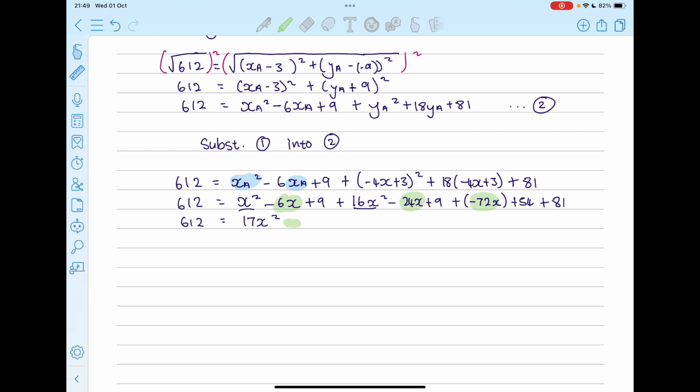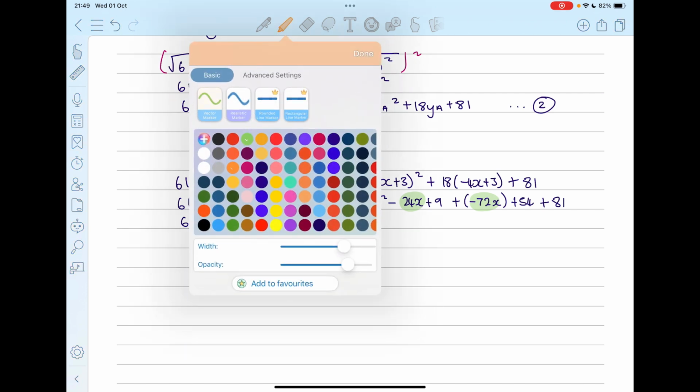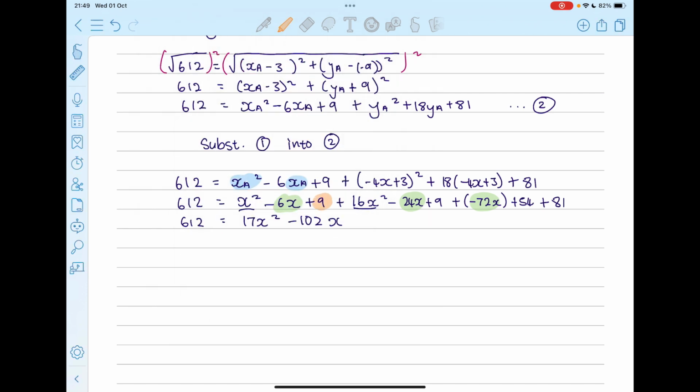We get negative 102x. And then we are looking at 9, 54, 81. So 18 plus 54 plus 81, okay, it's 153.